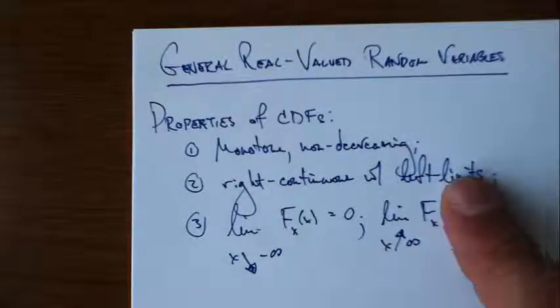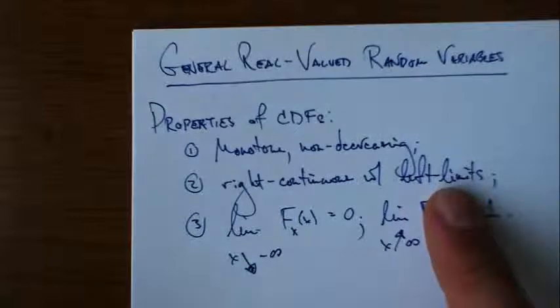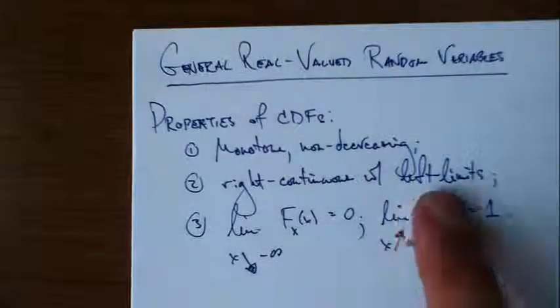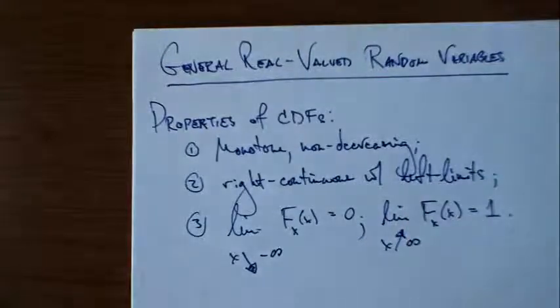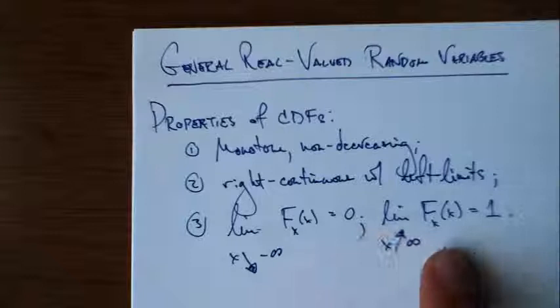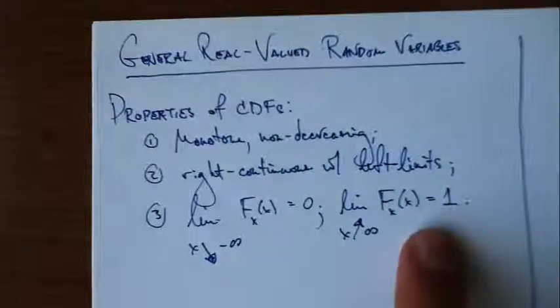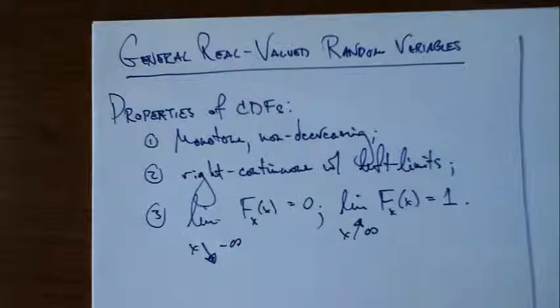Okay, they have left-hand limits, meaning that as you approach from the left, the limit exists there, but it's not necessarily equal to the CDF evaluated at that point. Finally, the limit of the CDF as x goes down to negative infinity is 0, and the limit as x goes up to infinity, the CDF is 100%.